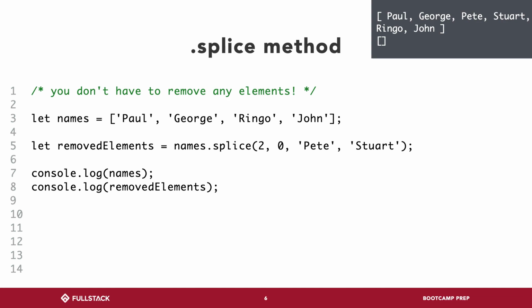But since splice returns an array of the deleted elements, and we deleted nothing, all it does is return an empty array. That makes sense, right? Logically, that makes sense. It's always going to return an array of deleted items. If you don't delete any items, it just returns an empty array because there are no items. But you could still add things at that index. And the first argument of splice is the index of where to start. Cool?